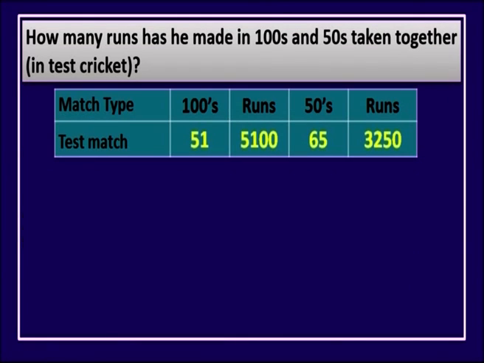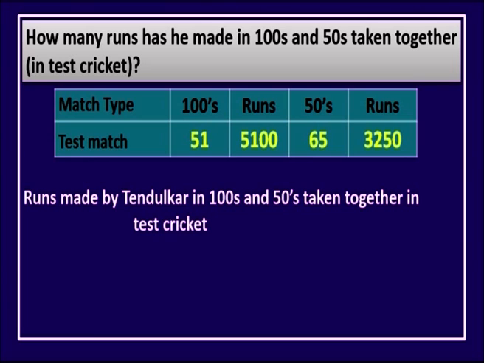Got it, children? Now children, how many runs has he made in hundreds and 50s taken together in test cricket? That means we need to add 5100 and also 3250, isn't it children? Because this is the runs made in the form of hundreds and these are the runs made in the form of 50s.